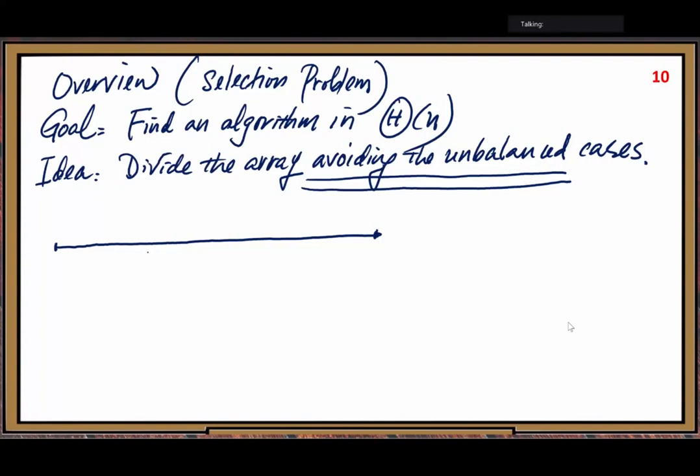More specifically, we need to find a smart way to put the division location not very close to the end. Okay?